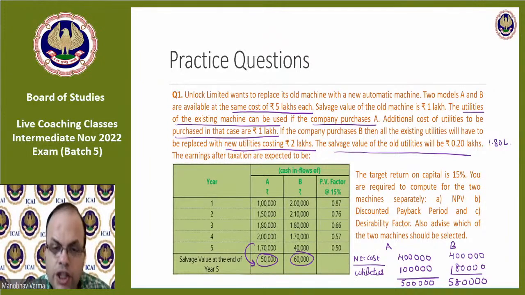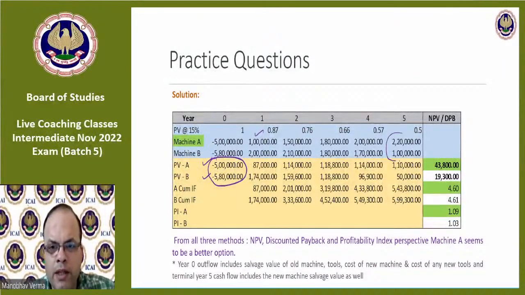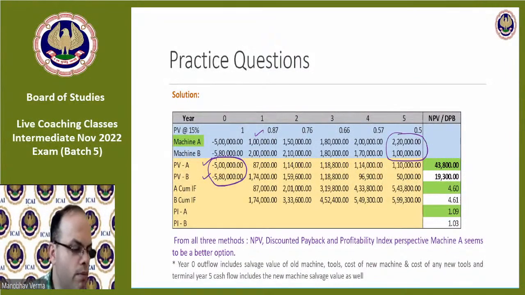For machine B, it is 1 lakh. So everyone needs to be very comfortable with the 5th year cash inflows also, because that includes your salvage value as well. Okay, guys. Now the rest of the game is just multiplying with the present value factors. That's 0.87, 0.76, 0.66, and so on.